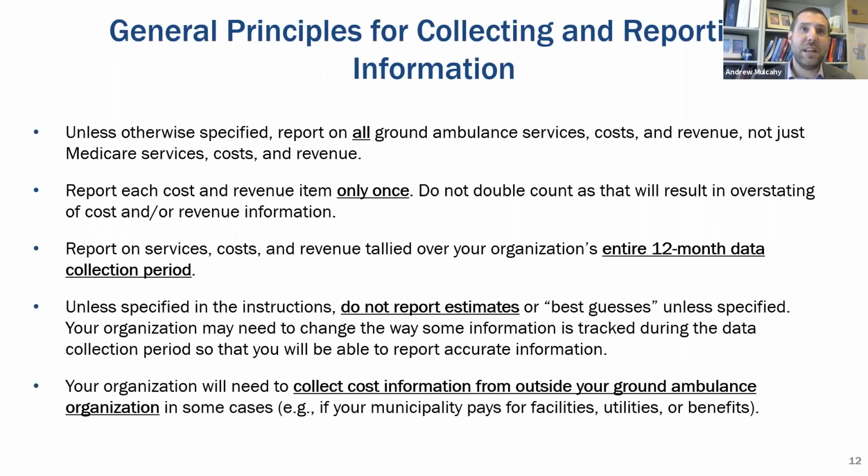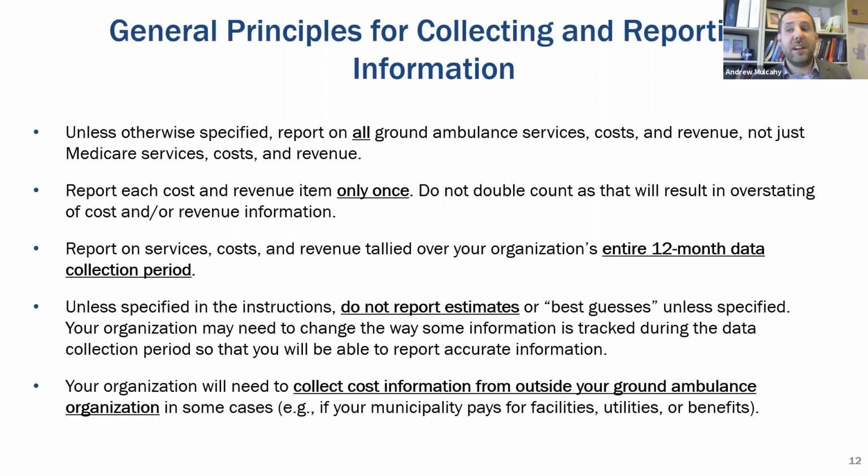And in many ways that simplifies things for organizations as they report. Otherwise, you'd have to go through and do some kind of accounting for what portion of your operation is specific to Medicare patients, which is sometimes hard to know, especially with the complicated split between fee-for-service Medicare and Medicare Advantage. The instructions throughout the instrument specify to think about your entire ground ambulance operation.